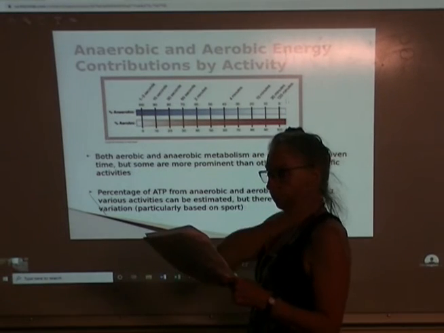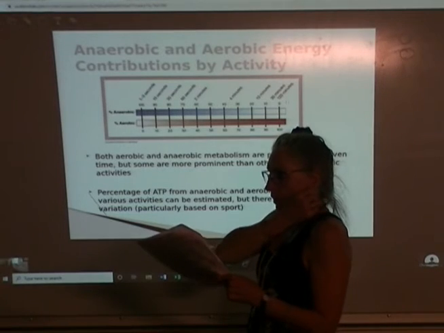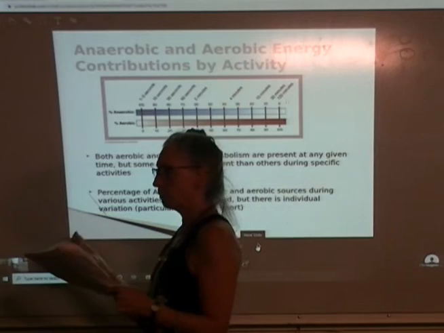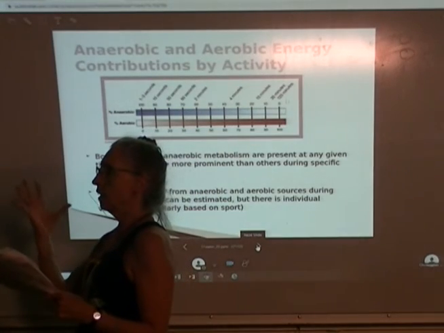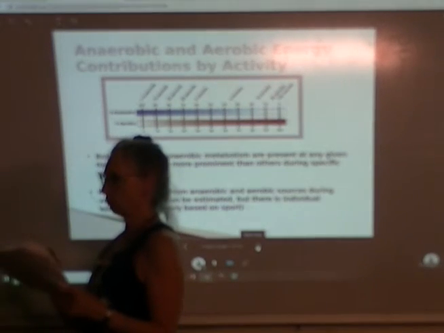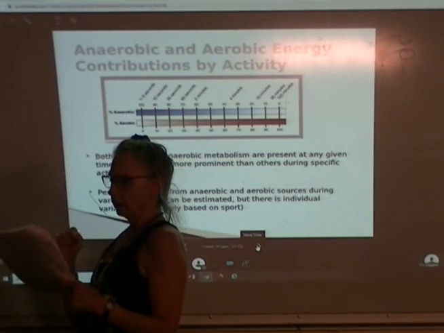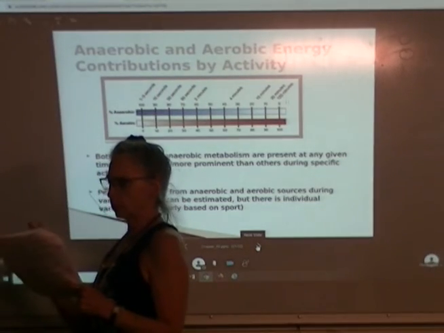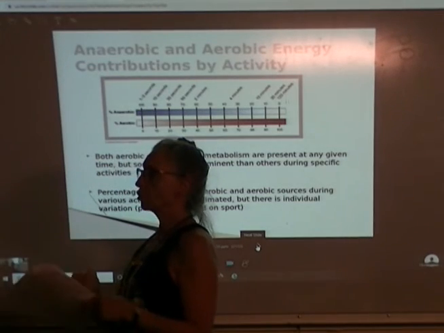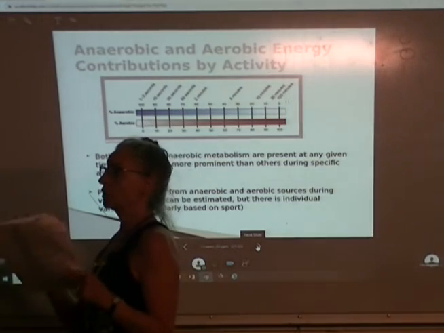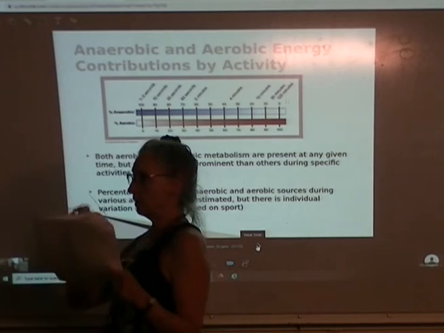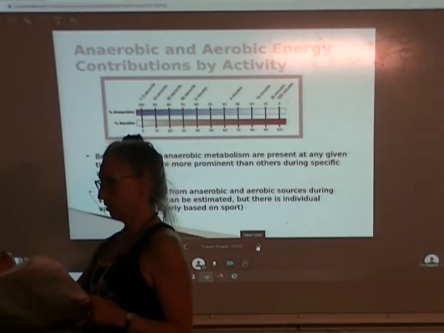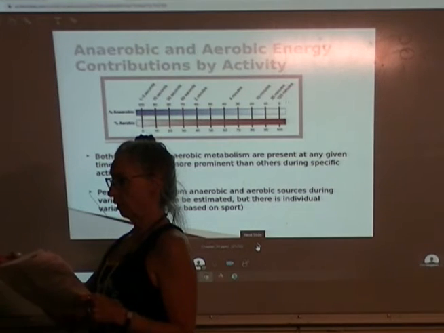Right? So one of the pieces of data that I think is quite interesting in the chapter, they tell us that if you're doing a 40-meter sprint, that requires 120 seconds, so 2 minutes of rest, if I want to fully resynthesize ATP and phosphocreatine before the next go. Right?